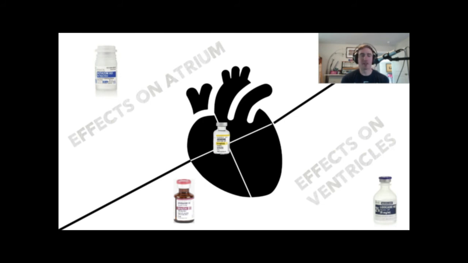Well, amiodarone is kind of a class everything antiarrhythmic. You can give it for AFib RVR, but we generally don't. That's why I put it slightly on the side of the effects on ventricles. Now, when choosing between amiodarone or lidocaine, a lot of people can get pretty confused, myself included.